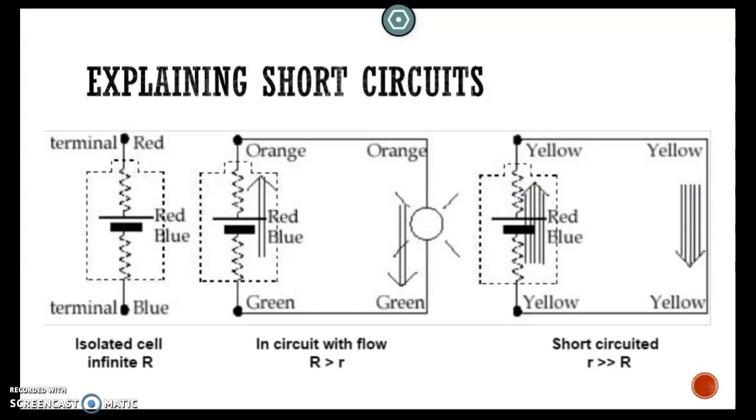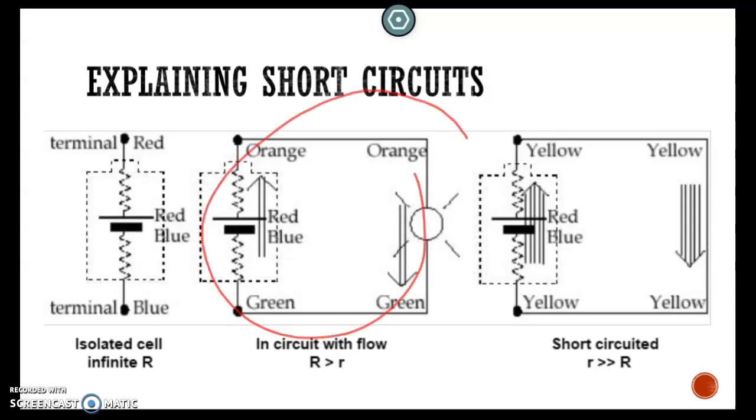Okay, so the pressure difference from end to end of the battery is zero. Or I'm sorry, is not zero. It's from red all the way to blue, because the resistance around it is basically infinite and there is no charge flow.